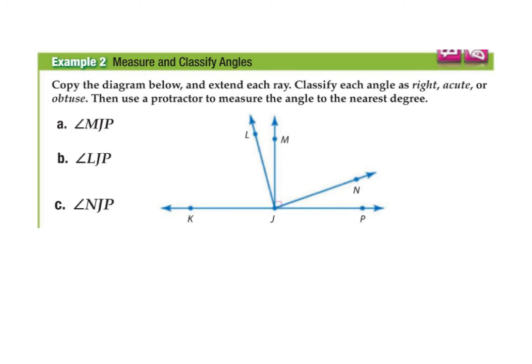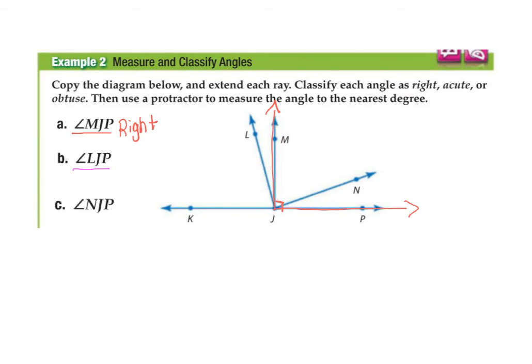So in this exercise, I want to identify the angles and determine whether each is right, acute, or obtuse. So for angle MJP, it's the angle in red, and because of that symbol, this is a 90-degree angle, so this angle would be classified as a right.